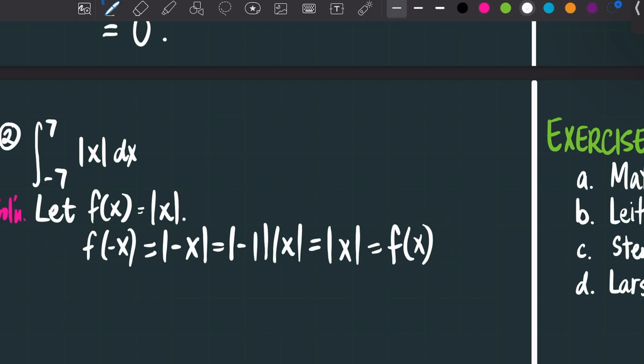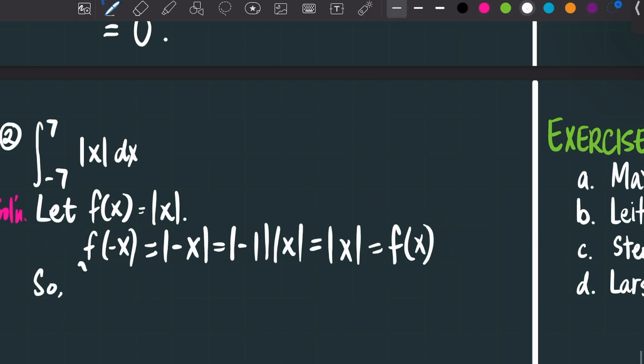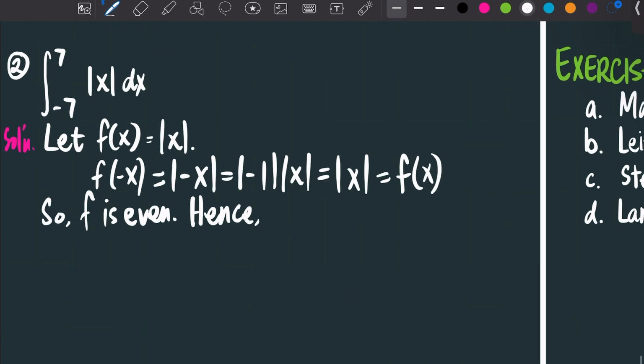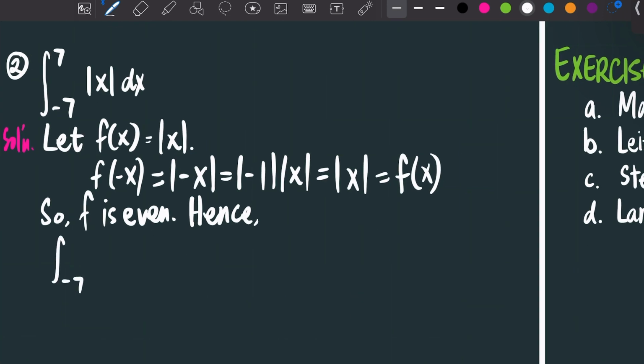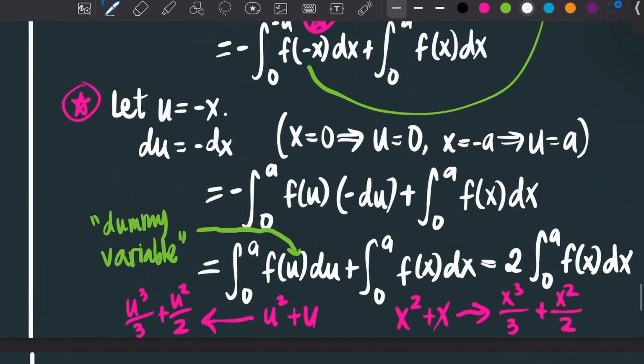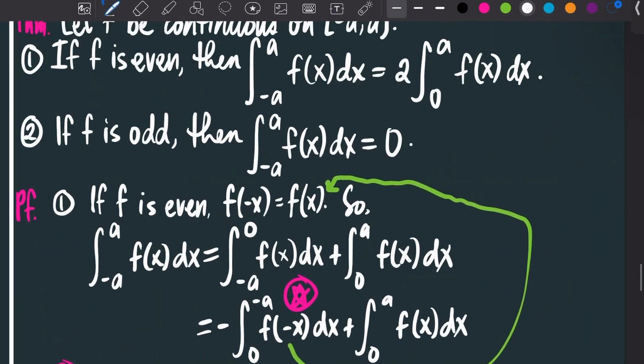So, sinasabi nito, anong klaseng function si f? So, f of negative x equals f of x. That means f is even. Hence, tong integral na to, from negative 7 to 7 of absolute value of x dx becomes, by the theorem, nasan na si theorem?